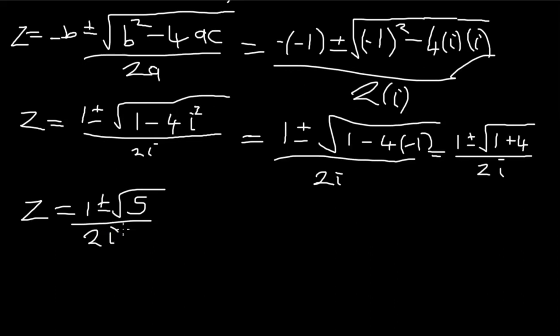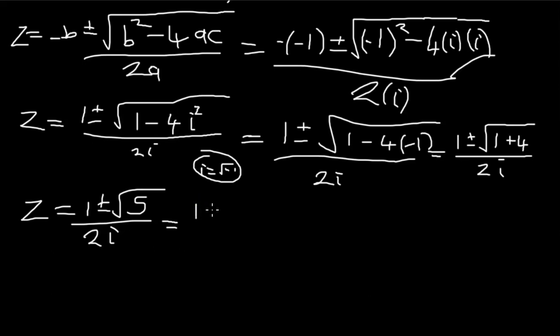Now remember, we know that i is equal to the square root of negative 1. So putting this i here is just the same as putting the square root of negative 1 in the denominator.